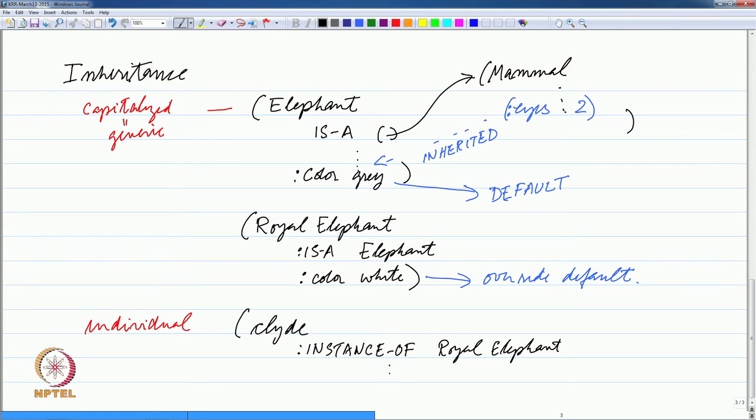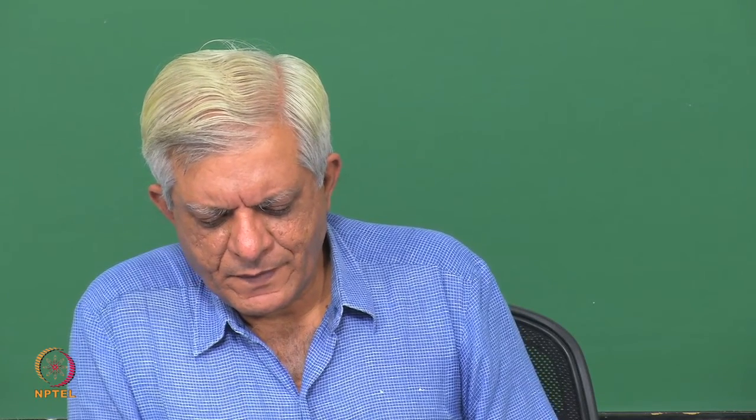So, what do I know about Clyde? We know that Clyde is a royal elephant, we know that Clyde is an elephant. We will also infer that Clyde is white in color and not gray, because in the frame system you can override the default. And we can say that Clyde has 2 eyes, and all that you can get from inheritance.